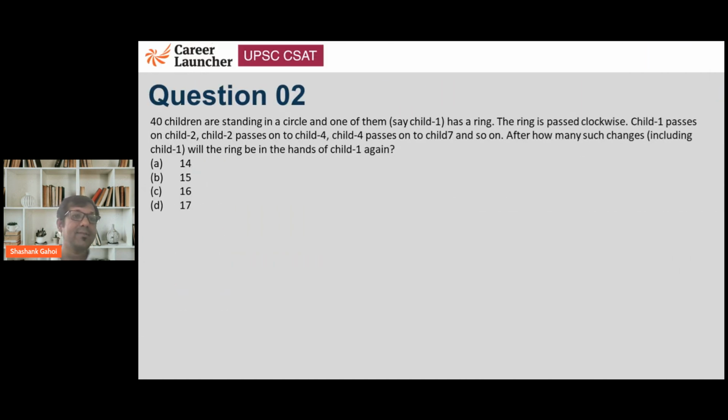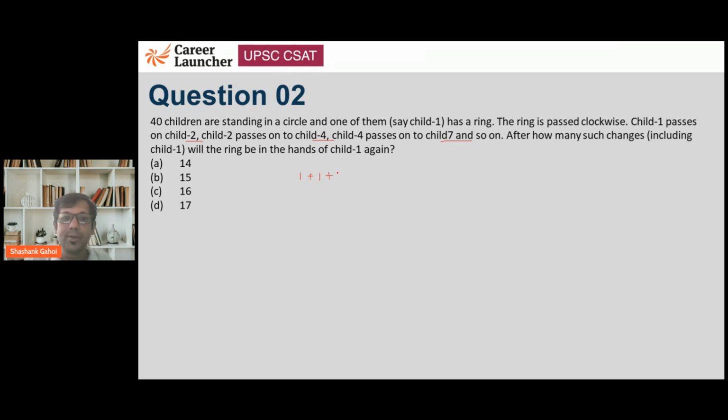What does it say? 40 children are standing in a circle and one of them, let's say child 1, has a ring. Then the ring goes to child 2, then child 4, then child 7. The first child who held the ring was 1. The next is 1 plus 1, that is the second child.